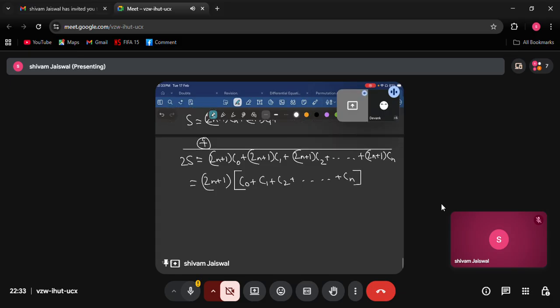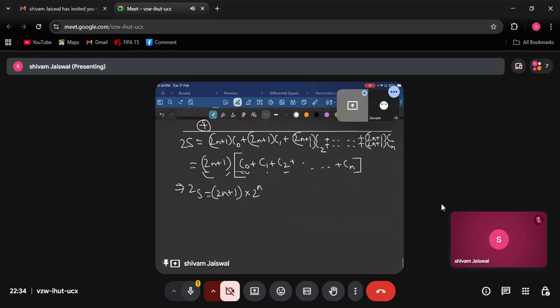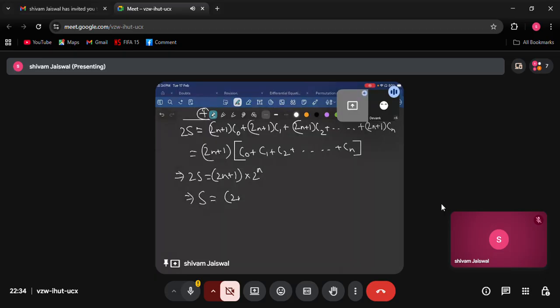Tell me, Shomita. Devang, what is the value? 2 to the power n, right? This implies S is equal to 2n plus 1 into 2 to the power n by 2, which is equal to 2n plus 1 into 2 to the power n. Hence proved.